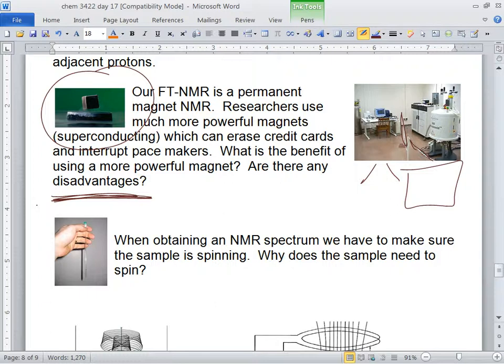The price tag would be a disadvantage. But I think for me, and we had this nice grant that I got hired here on, I could have made an argument to get this, but I wasn't even going to mess with it. And the reason why is this white stuff right here. What is that?